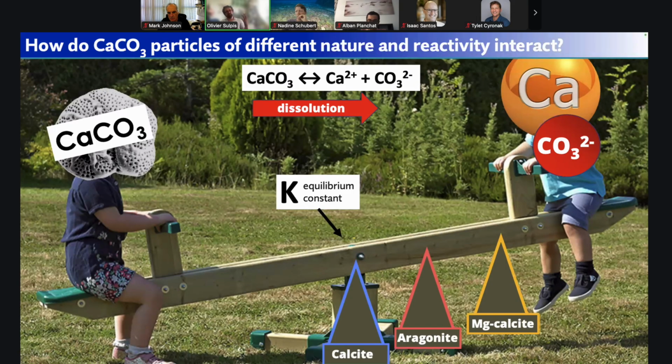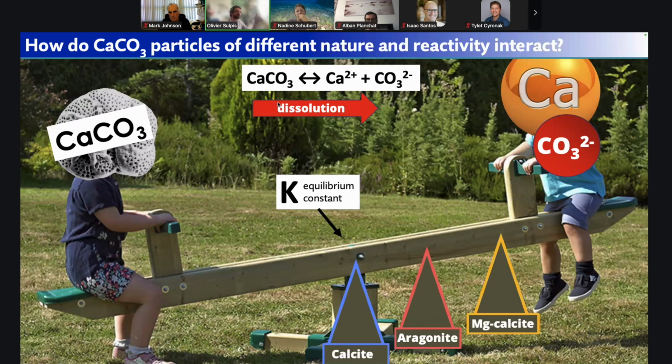But what we need to remember is that in the ocean, and especially in shallow marine environments, we have minerals with a wide range of shapes, a wide range of compositions, a wide range of crystal structures. So there is really not one single reactivity, one single mineral that could describe them all.